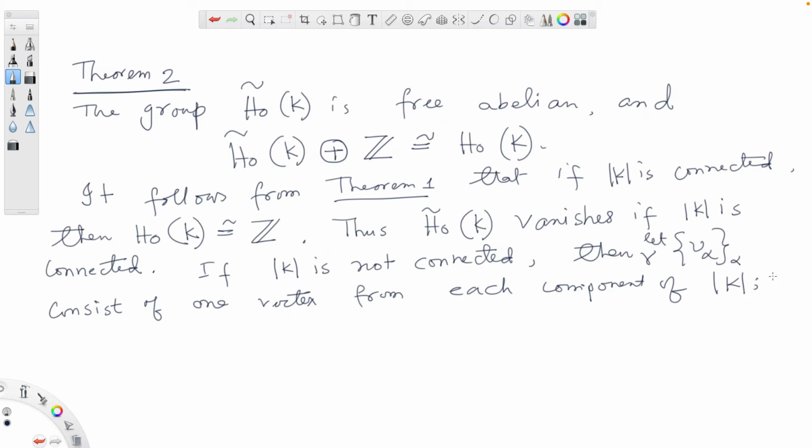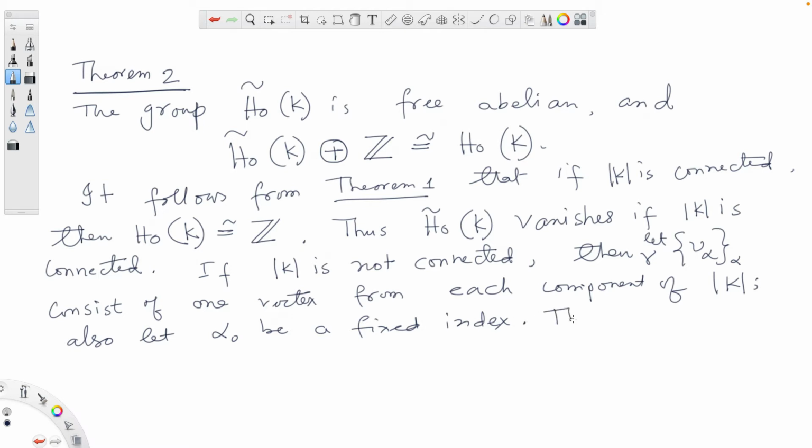We form this collection. Also let alpha sub 0 be a fixed index. We're not going to change it. Okay. From the index family, we choose a fixed index.